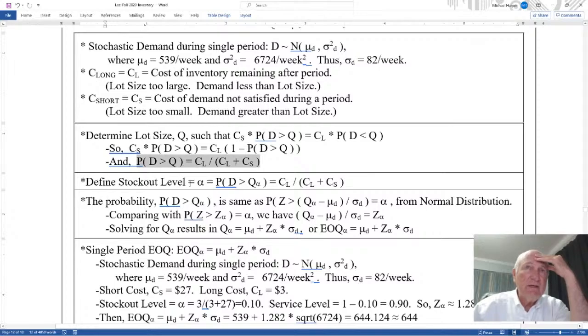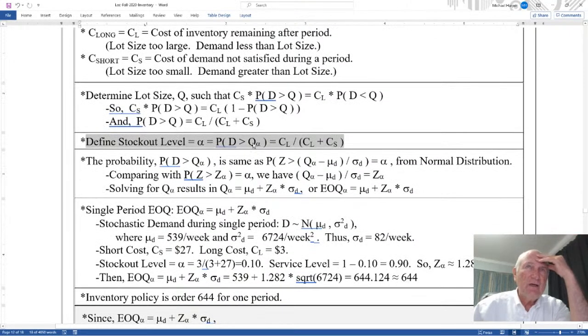Well, this probability is the same as your stock out level. So the stock out level is equal to the long cost divided by the sum of the long cost and short cost together. And this shows you how to determine your lot size Q, which is your EOQ, economic order quantity, for a single period. Now remember, alpha is determined by this equation here. So the EOQ then becomes the mean plus the z value, where this alpha is calculated by that ratio, times the variability.